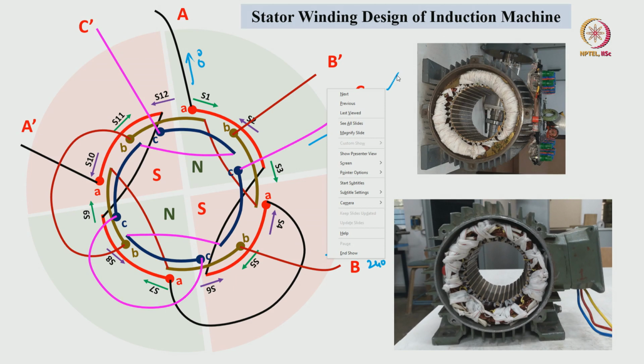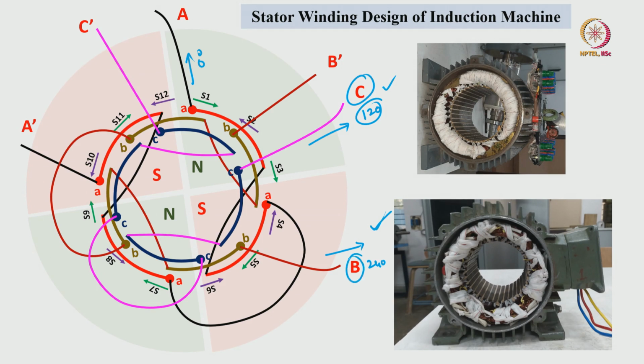We have to change the representation, that is it, as per the physical winding displacement. All 3 windings are displaced by 120 degrees, and depending upon the phase sequence, it will rotate either clockwise or anti-clockwise. That we have to verify, and then we can change this terminal as B and this terminal as C if required.